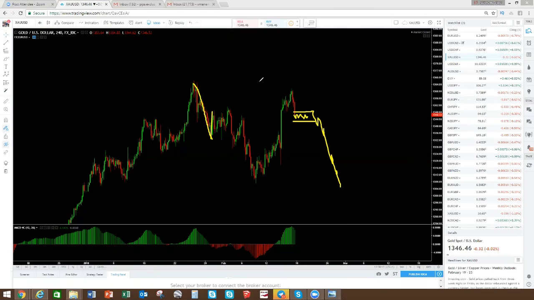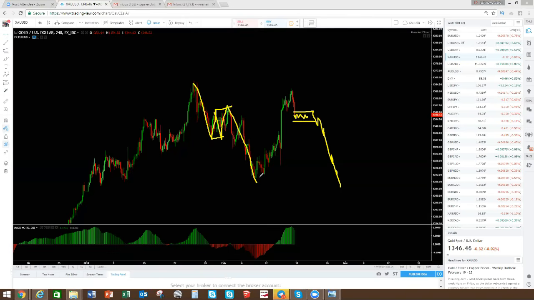That's 1, that's 1, 2. No, I'm not doing it right there. Let's get this one right. That's 1, 2, 3, like that. It's perfect like that. So we're looking at this 1, 2, 3 move.